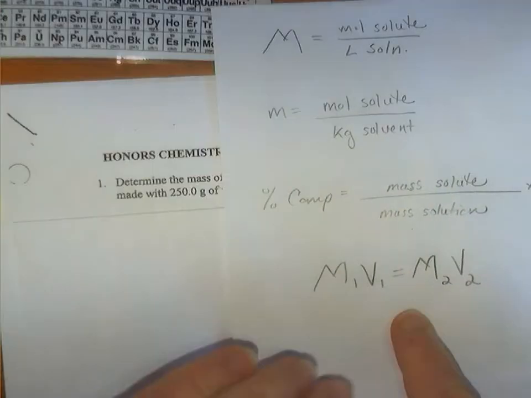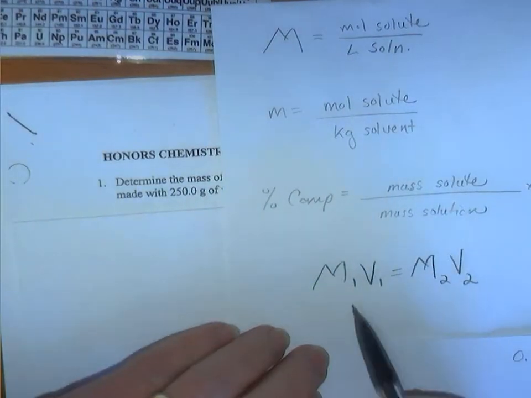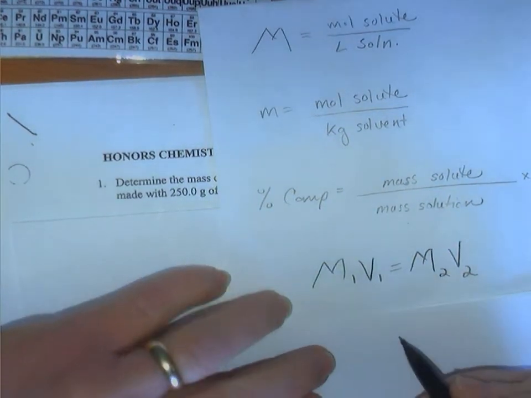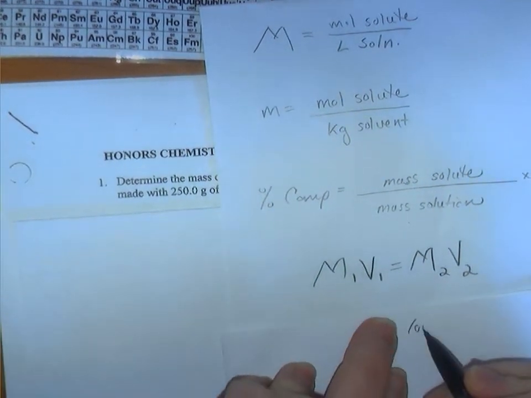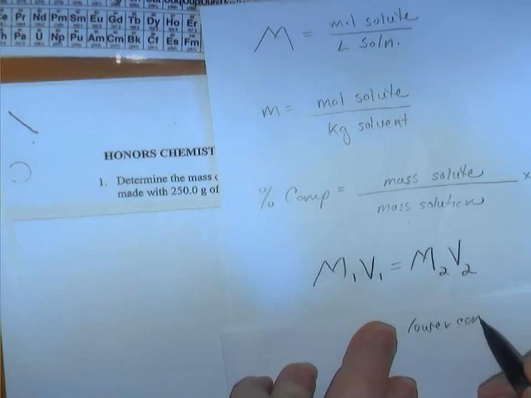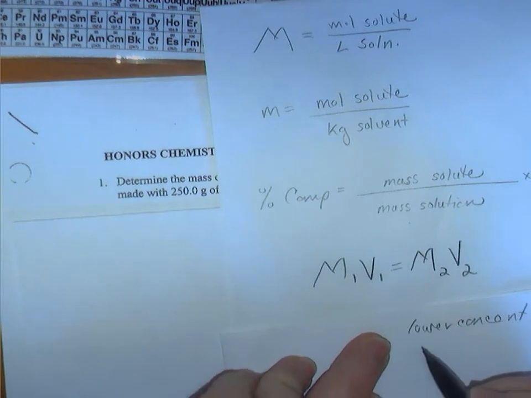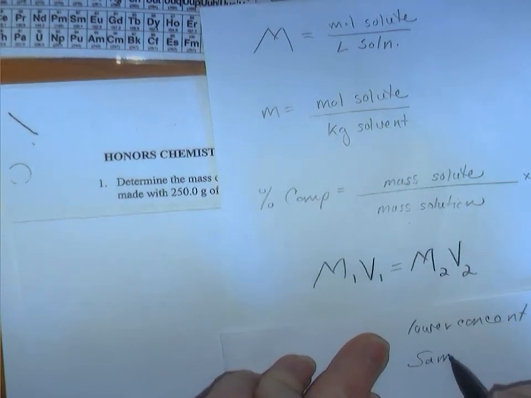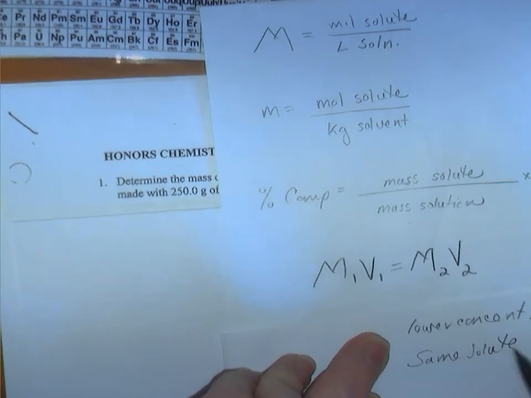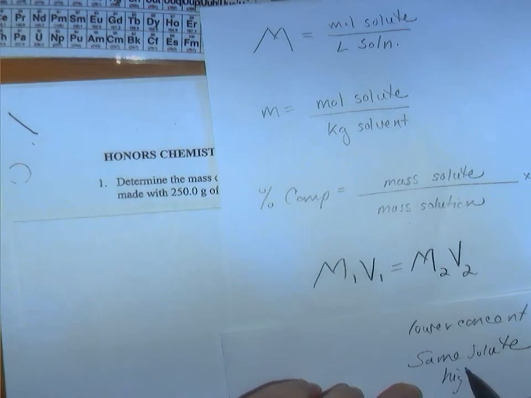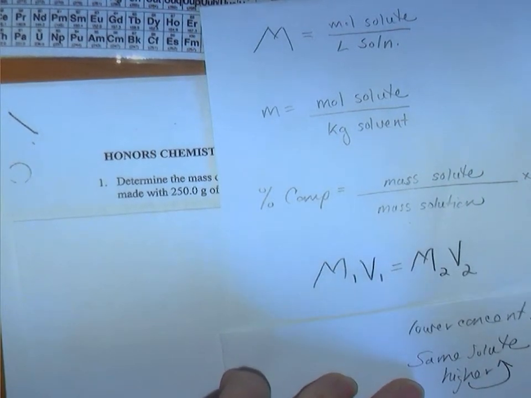Now, dilution. How do you know when to use this equation? When you are asked to find or make a lower concentration, and you are given a solution with the same solute at a higher concentration. The higher concentration will be your stock solution.